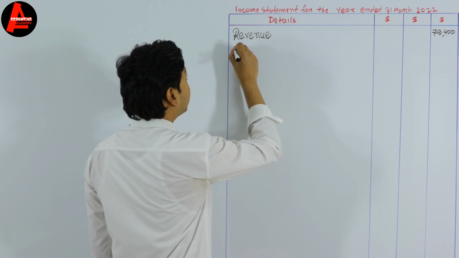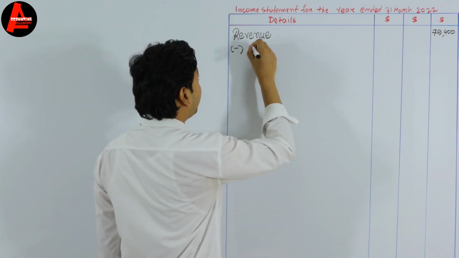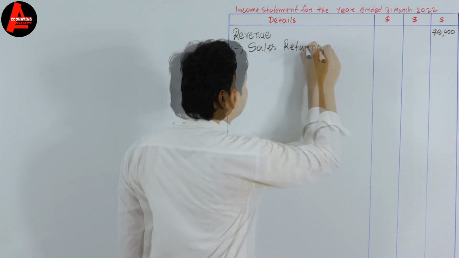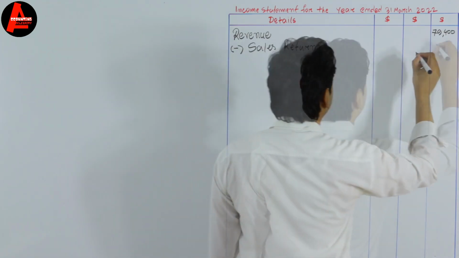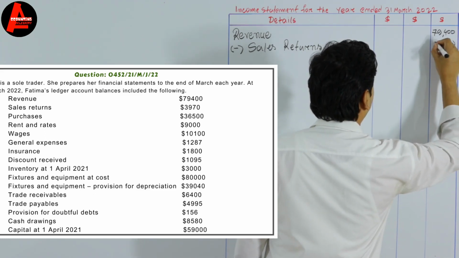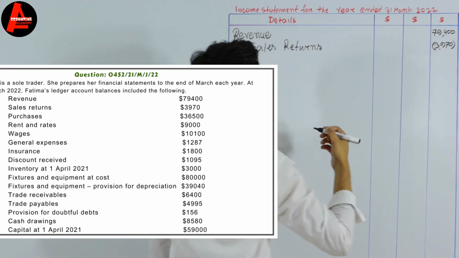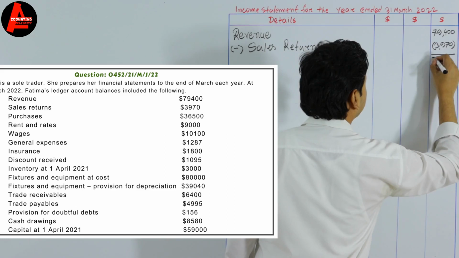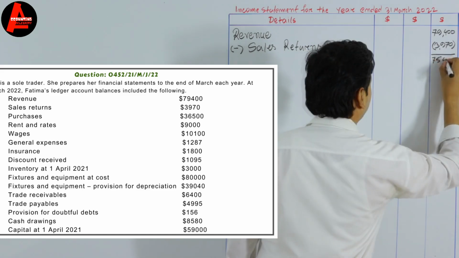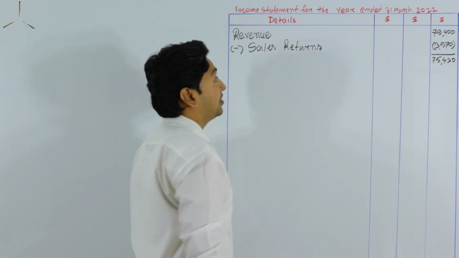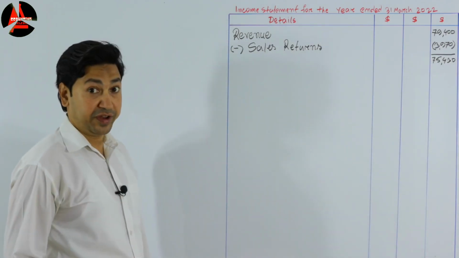So let us write here less sales returns. We have on the question $3,970. This amount will be subtracted. What we get after subtraction is $75,430. This is our net revenue.